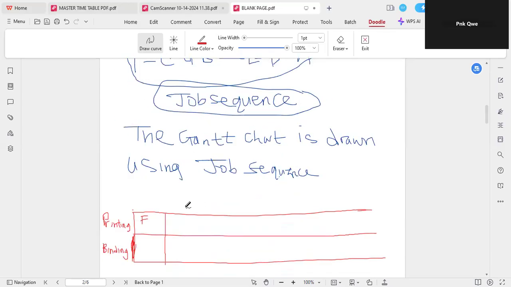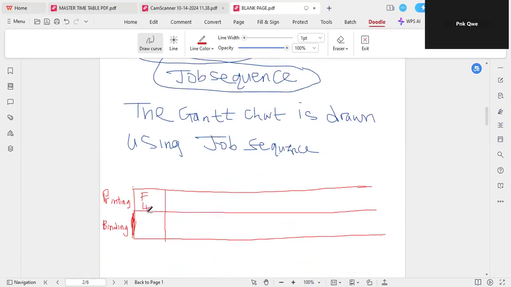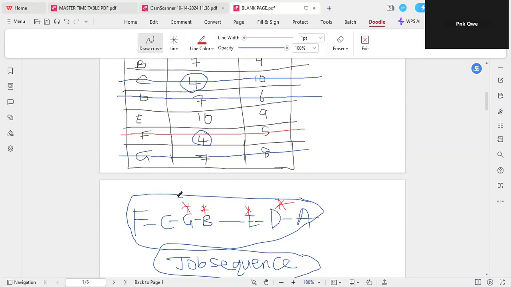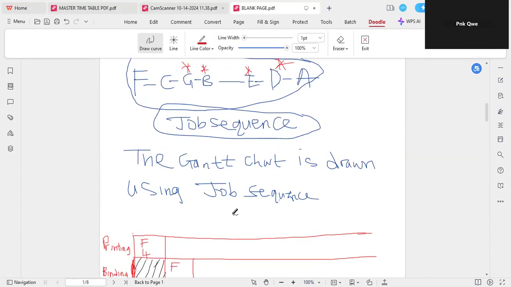So by the time they're printing this one, the people in binding are idle. They are waiting for printing of F to finish, and that's when they can start binding it. So binding F is taking 5 hours.